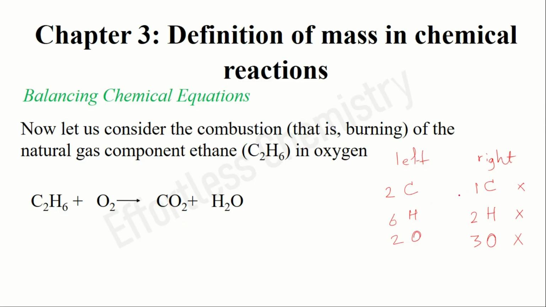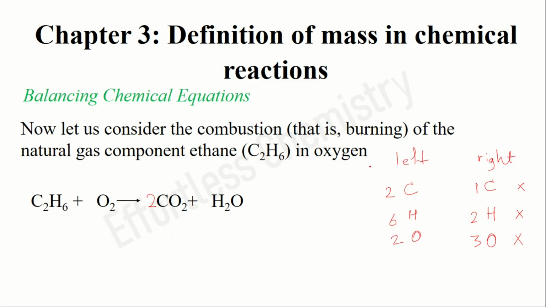If I add 2 here, it seems that I have balanced carbon, but something doesn't go well again because the number of oxygen would be changed. How many oxygen do we have now? Well, better not to show it first because it's a bit confusing.